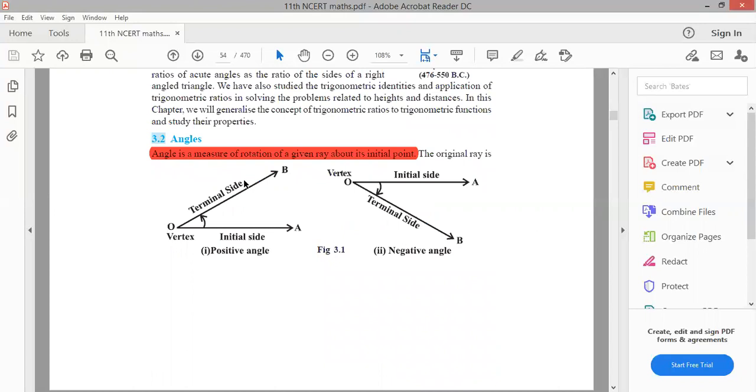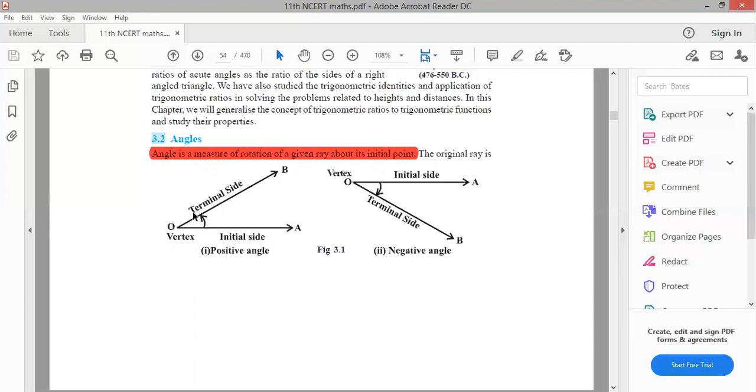In trigonometry, you come across different concepts, and the most important concept that you encounter here is angle. So what is angle? Angle is a measure of rotation of a given ray about its initial point.